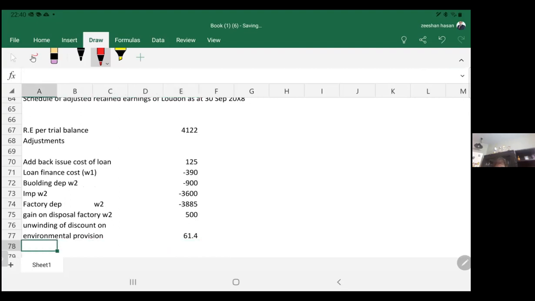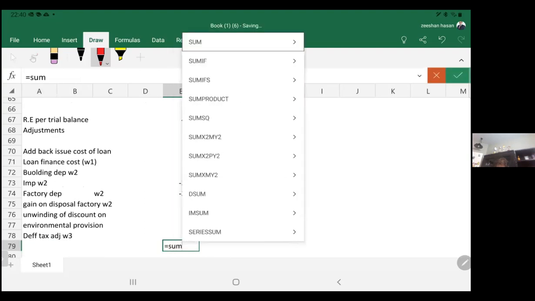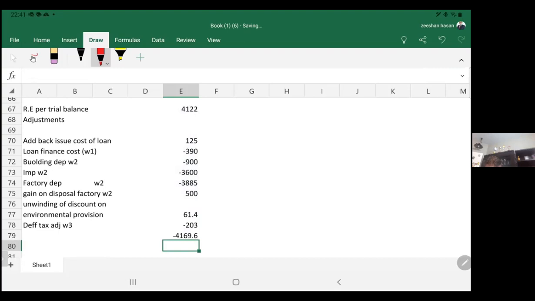Lastly, deferred tax adjustment, that's working 3 and 203 is equal to sum. What we will get, let's see. One more down. Boom. 4169.6 is my answer. Right. That is my adjusted retained earning.